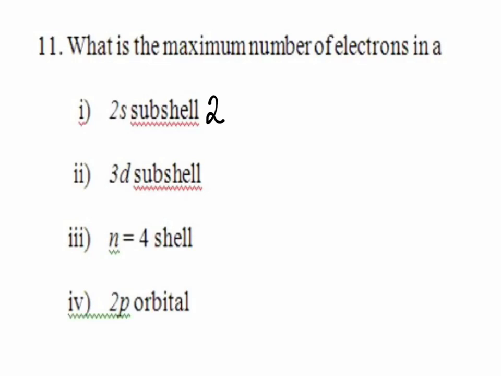What about the 3d subshell? The whole subshell, what is the maximum number of electrons in 3d? It could be 4d, it could be 5d. It's always going to be the same. 10.